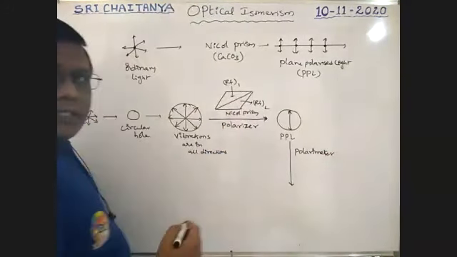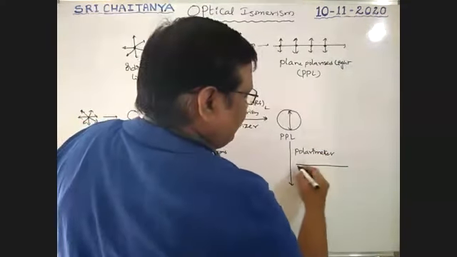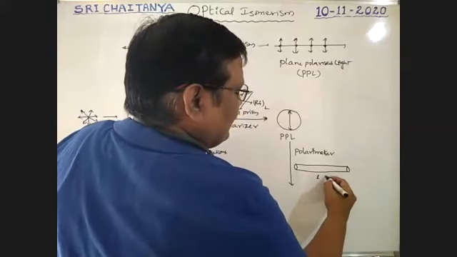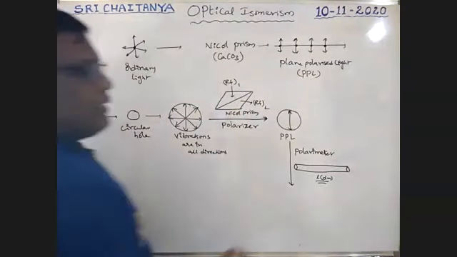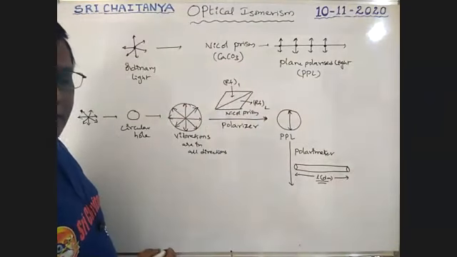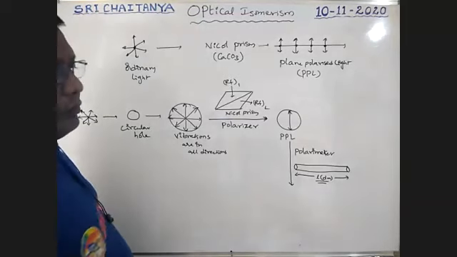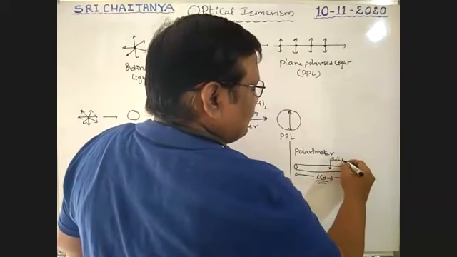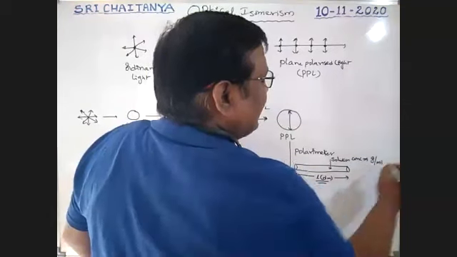It contains a glass tube having length L decimeters. Boys, I am taking the length in decimeters. Next, it has a substance solution, with concentration expressed in gram per ml.